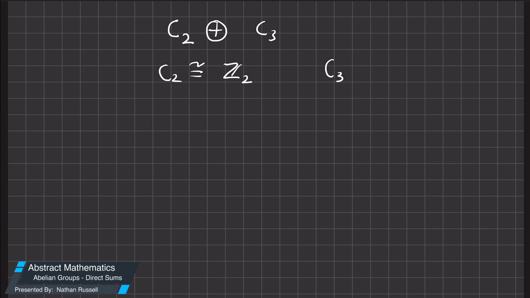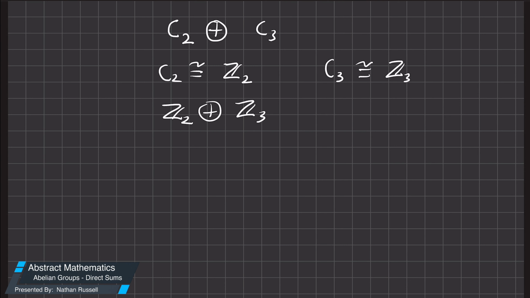And we know that C3 is isomorphic to the integers mod 3. So as was typical, I'm saying cyclic groups, but let's go ahead and use the modular arithmetic value group to represent what we're talking about. So actually the construction I'm going to be giving is going to be Z2 direct sum Z3.